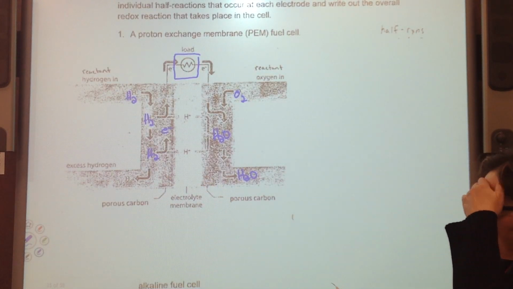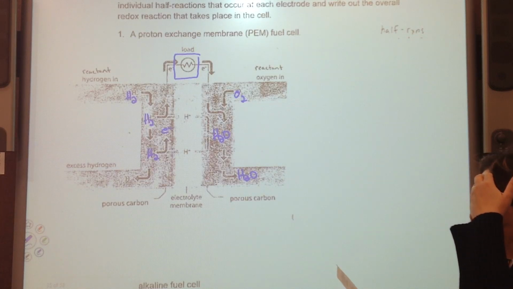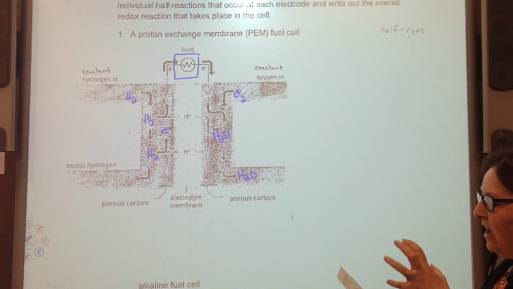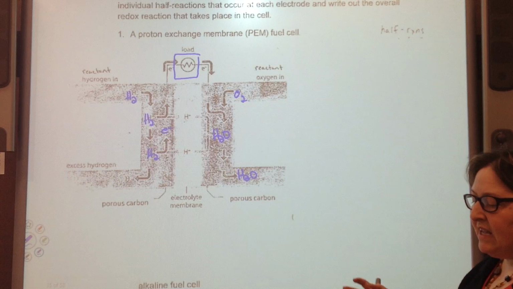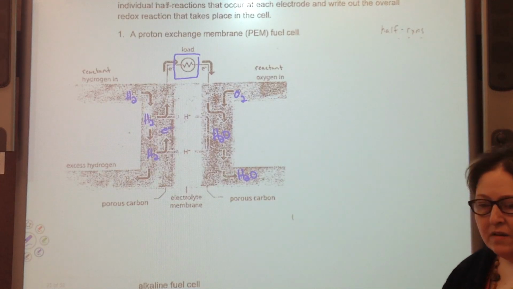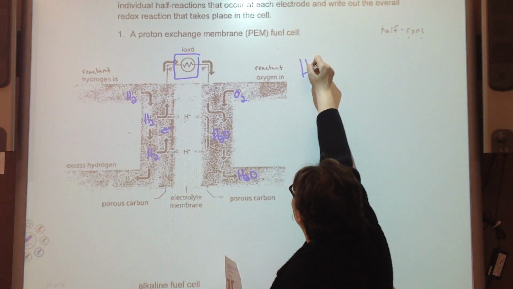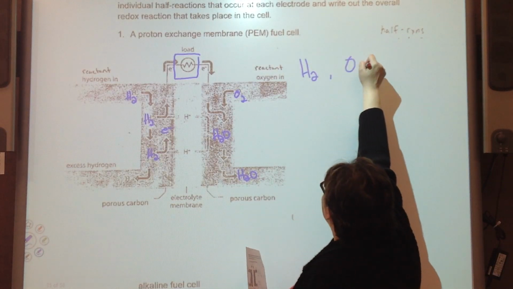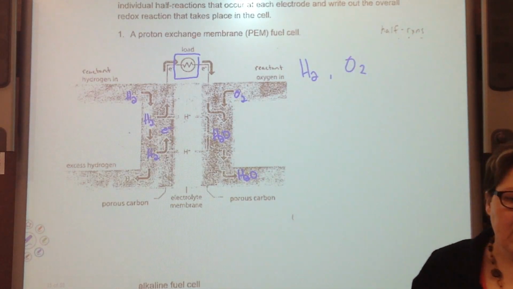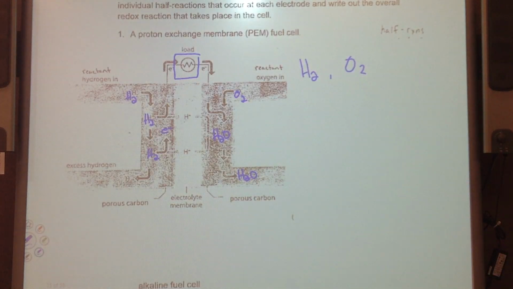Okay, so which one is your strongest oxidizing agent? What are we looking at? We're looking at hydrogen coming in, and we're looking at oxygen coming in. So let's look at hydrogen and oxygen. When we look at our chart, where do we see what? Let's see.